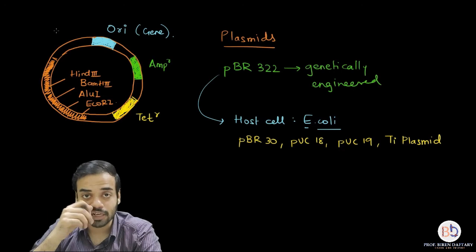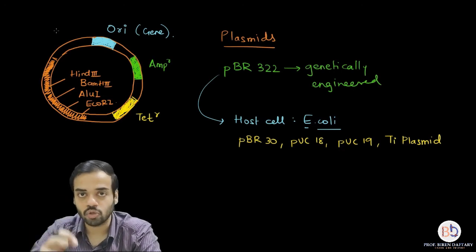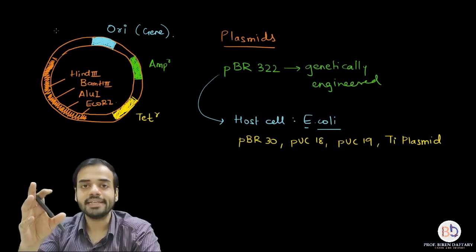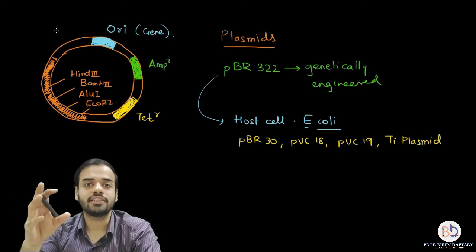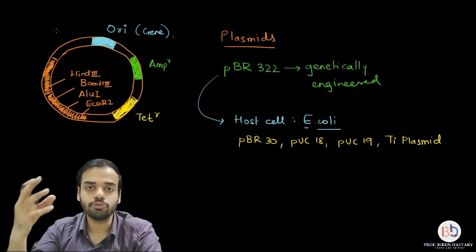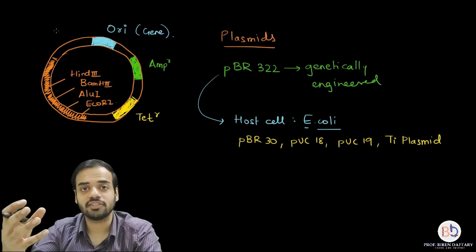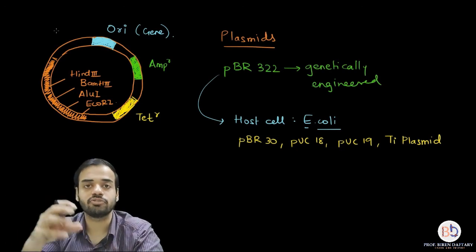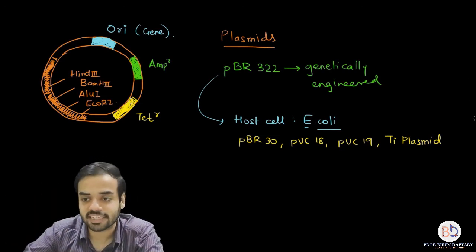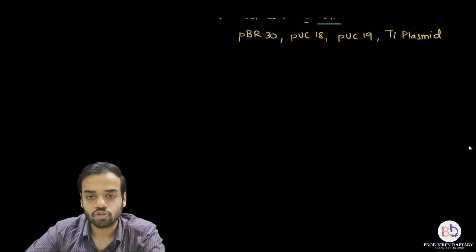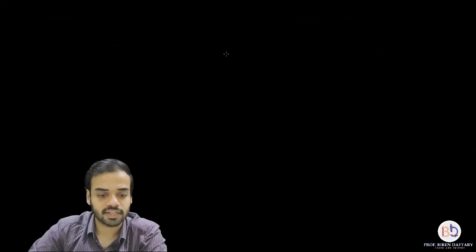Now coming to the last part of cloning vectors: plant vectors, which are plant-based vectors, or vectors which are used in agriculture. That is going to be the next part that we are going to study. So let us write down plasmids.